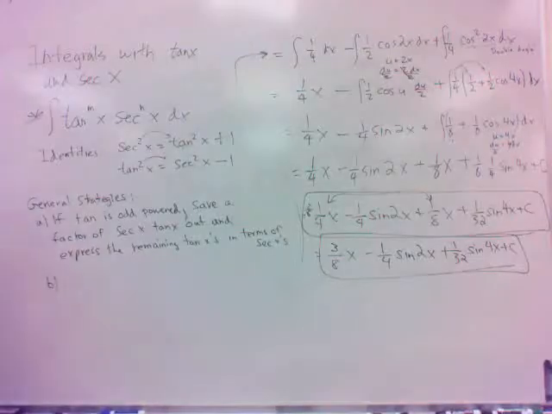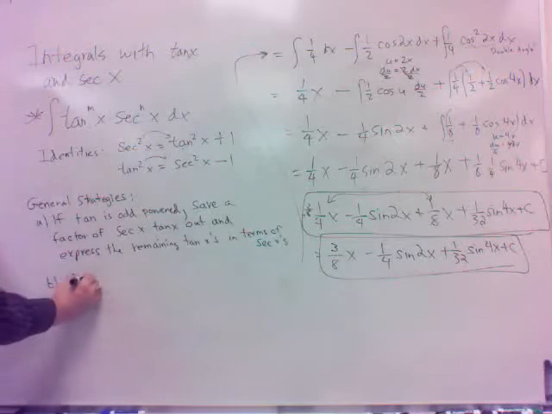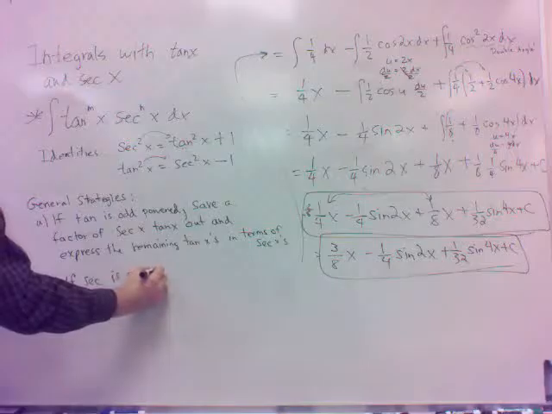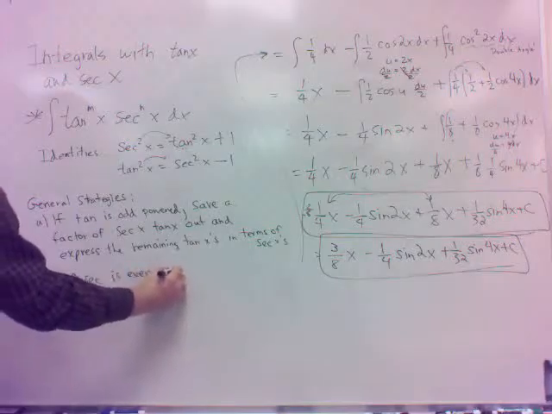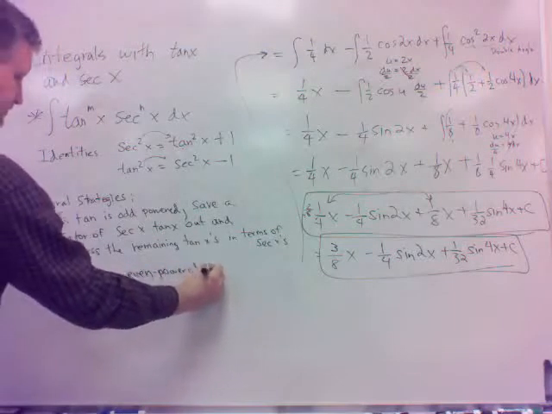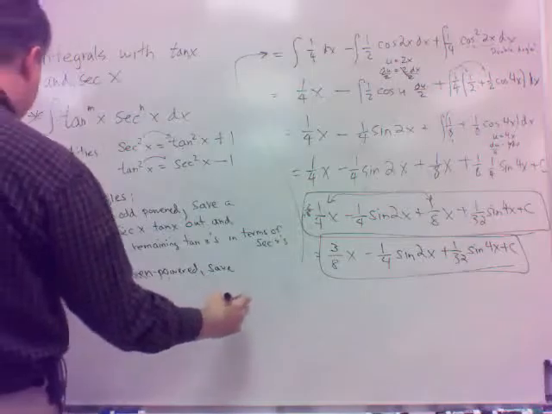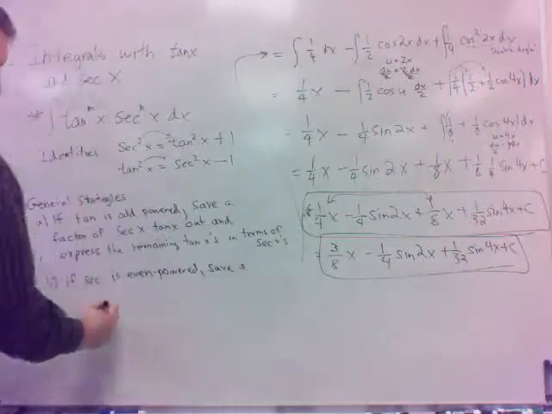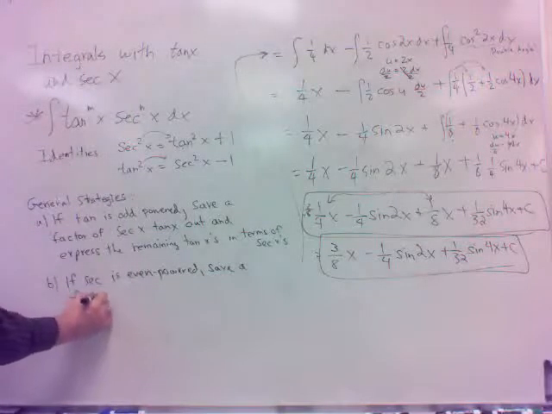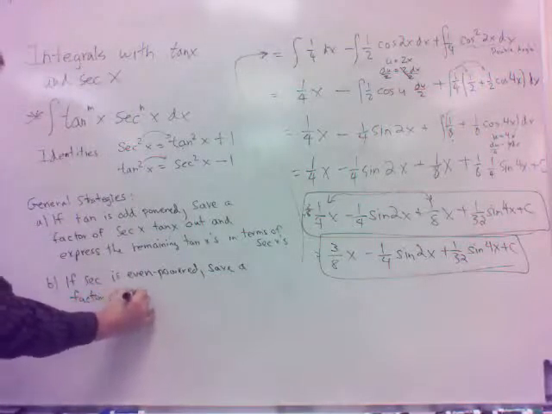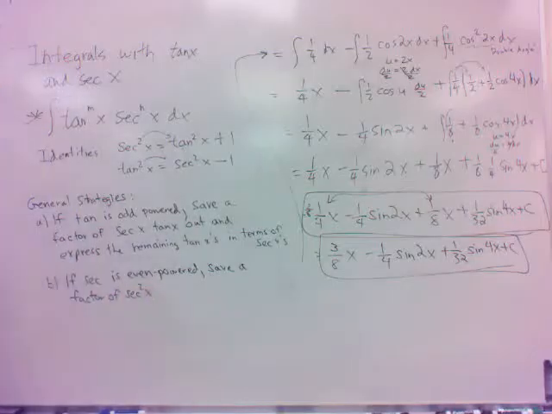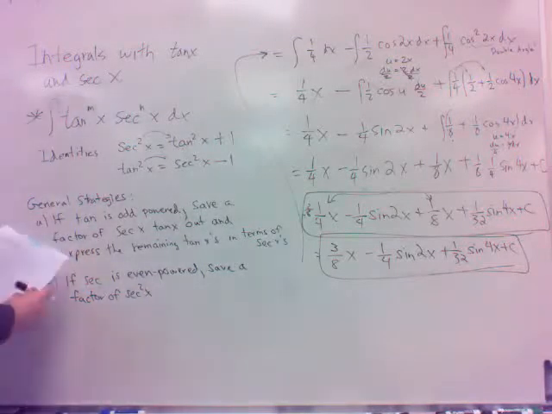If the secant is even, here's what you can do. Secant is even powered. Save a factor of secant squared. So it's complicated because the derivatives of secant and tangent are not quite as nice as sine and cosine.